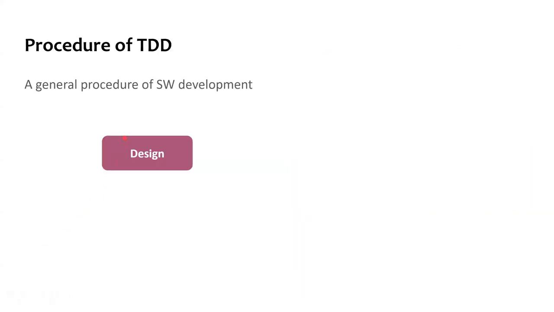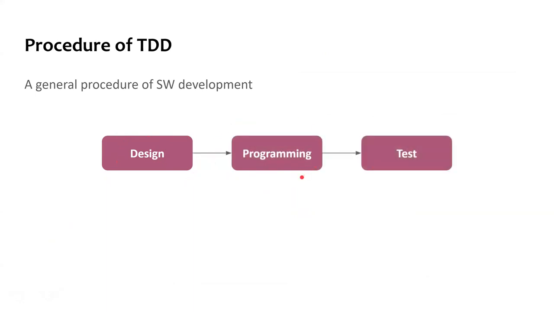And a general procedure of software development is you first design your software, and then you implement by programming some code. And then you test your implementation, whether it is correct or not. And if your test cases are not fully passed, then you go back to the design process and update your design.